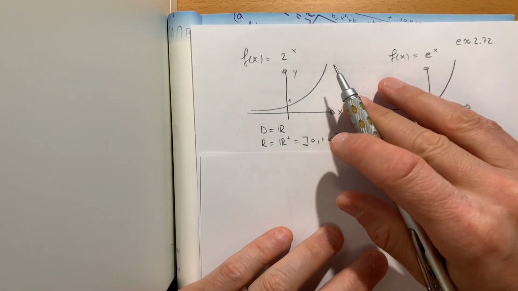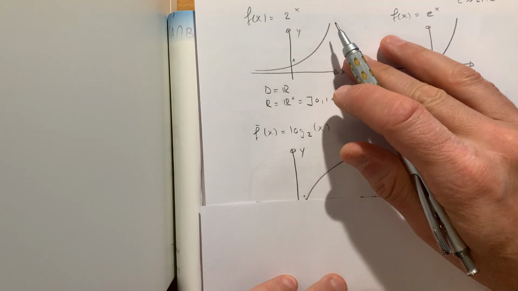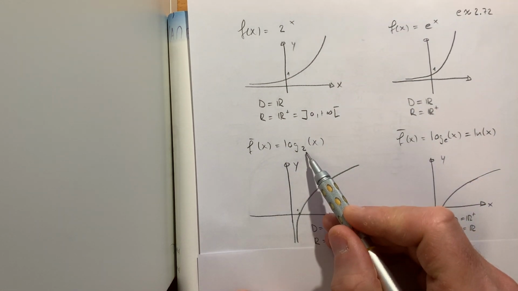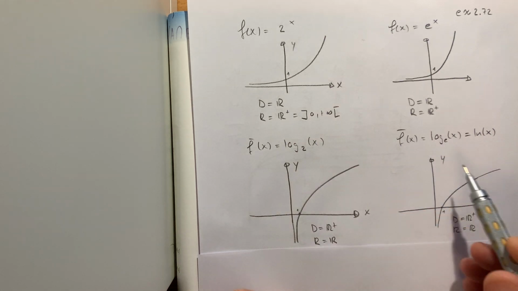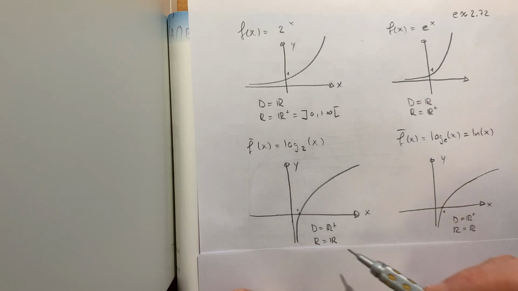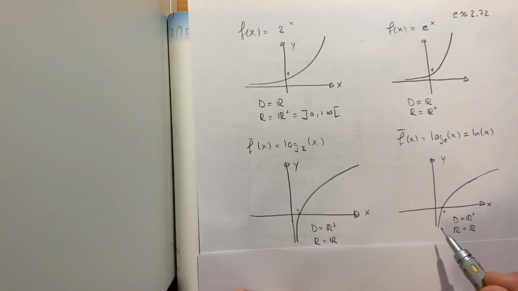Now, the inverse functions for these two are log to the base of 2, and here log to the base of e, or just written ln. Again, qualitatively, they look the same.